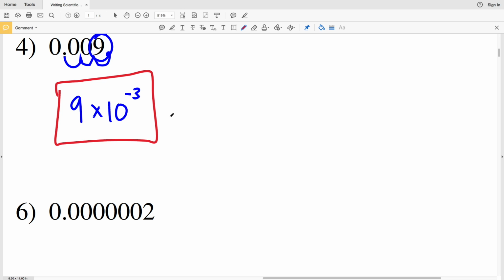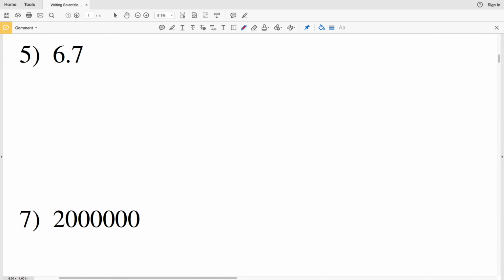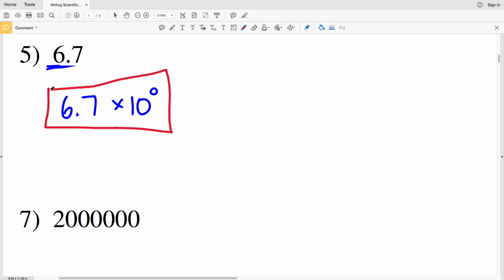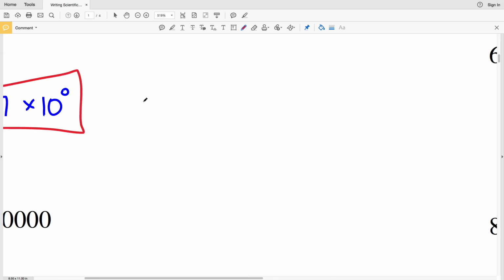When dealing with rewriting a number in scientific notation, and number 5, we already have one digit in the ones place, so we will just rewrite this as 6.7, and we're going to multiply that by 10 to the 0, which is essentially multiplying it by 1. So 6.7 times 10 to the 0, since we did not move the decimal place.